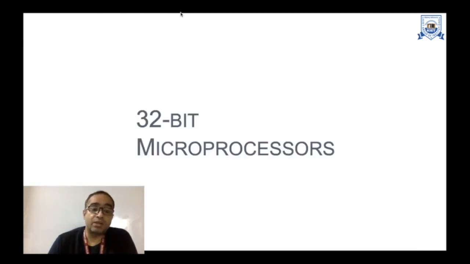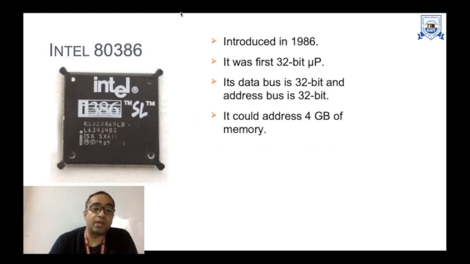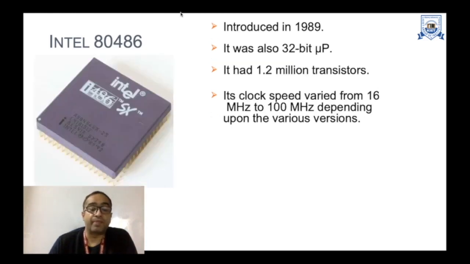Then afterwards, they started working on the 32-bit microprocessor variants, and they first created the 80386. In 1986, it was the first 32-bit microprocessor designed by Intel, with a 32-bit data bus and a 32-bit address bus, where it could address around 4 gigabytes of memory.